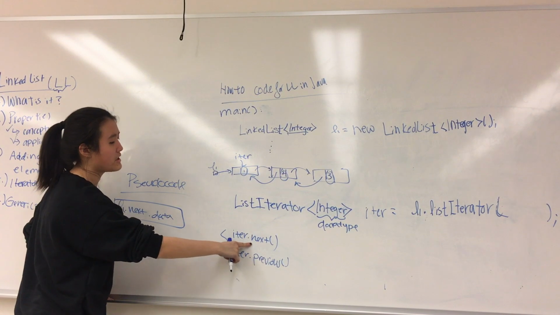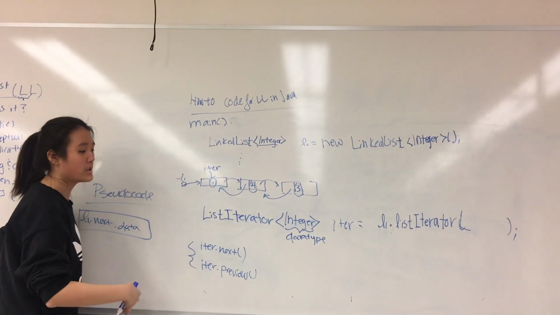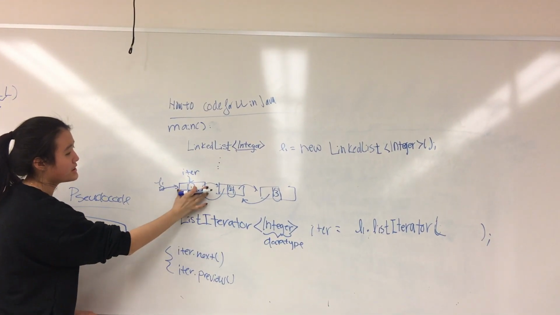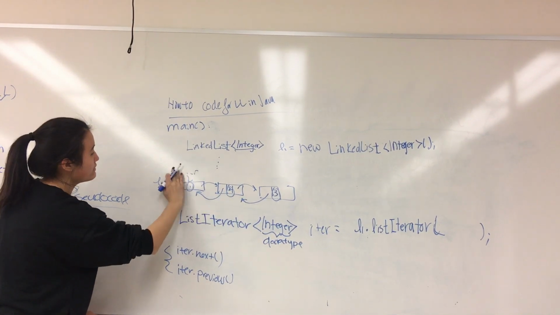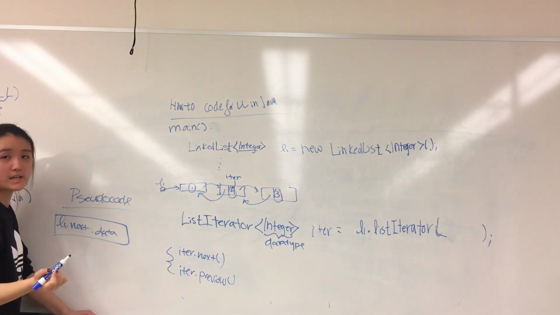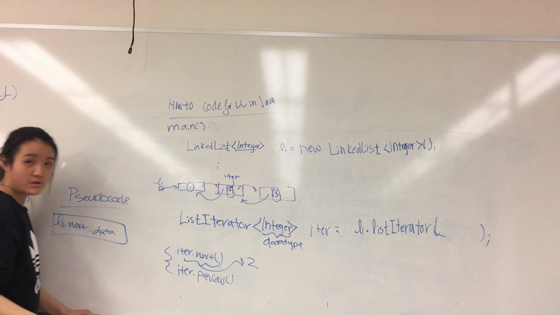iter.next is not going to return the node itself, it's going to return the data of that node. So with iter pointing here, iter.next is going to point to the next node now, and it's specifically going to return the data, so this will return 2.